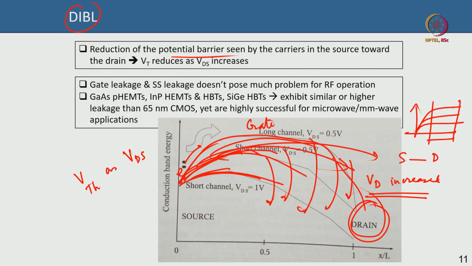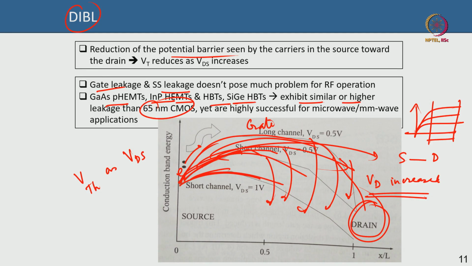This is called drain induced barrier lowering, and we have to keep in mind, when discussing all of these things, that even in RF CMOS devices, your gate leakage and subthreshold leakage could be very high compared to a normal MOSFET, but it still is not a problem at all. Compound semiconductor devices like gallium arsenide pseudomorphic HEMT or indium phosphide HEMT, HBT, silicon germanium HBT, etc., actually exhibit similar or much higher leakage than a 65 nanometer CMOS process.